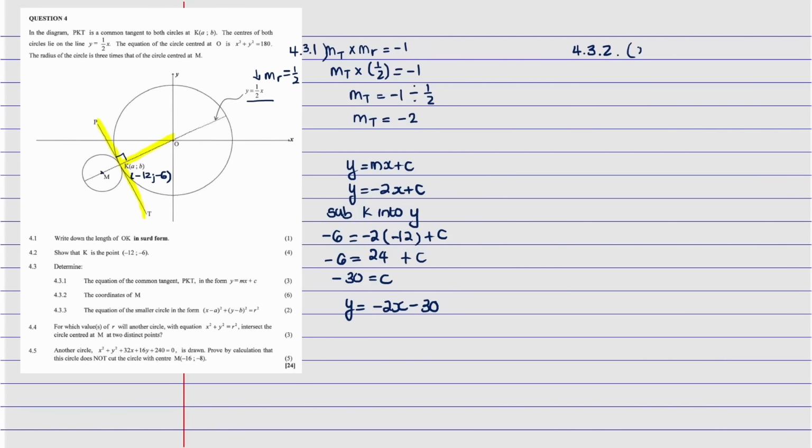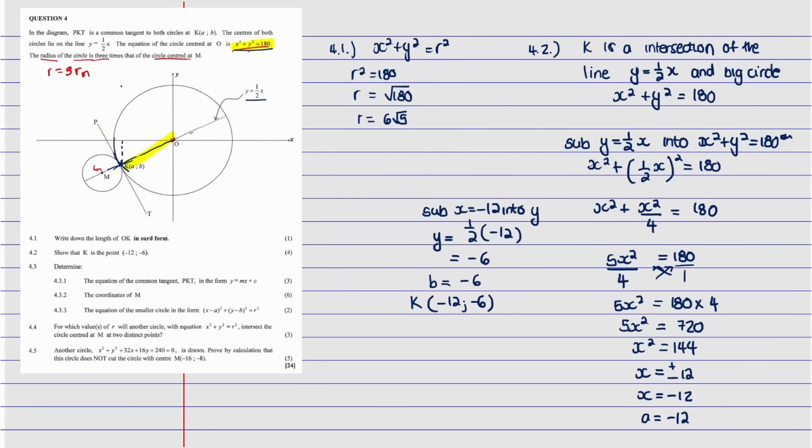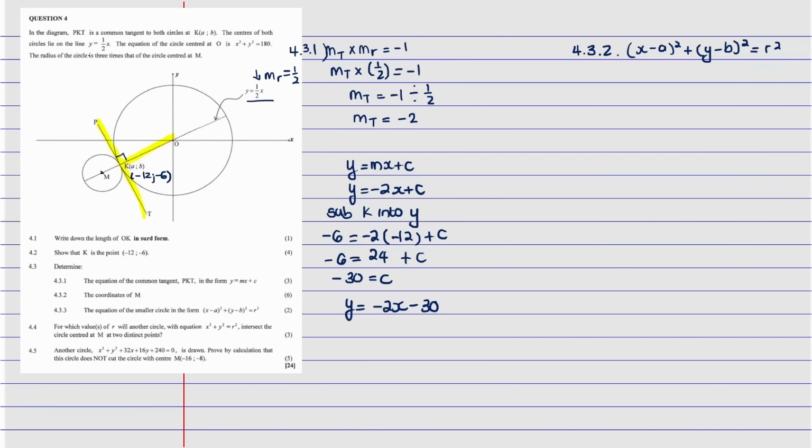We know the relationship that x minus a all squared plus y minus b all squared is equal to r squared. What information did they tell us from this side? Remember that the radius of the big circle, given in this statement, is equal to what?